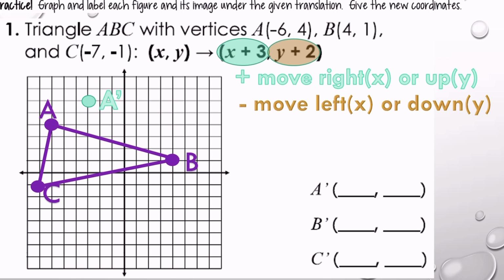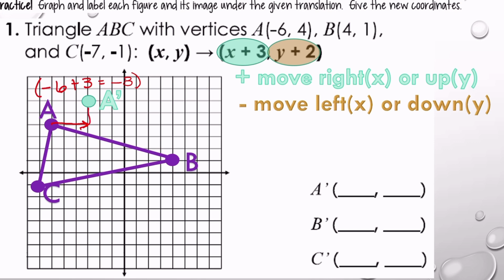So if you notice what I did here, okay, I took this point and I moved over 3. My x value was negative 6, and I added 3. That ends up with a negative 3. So that's the x there.